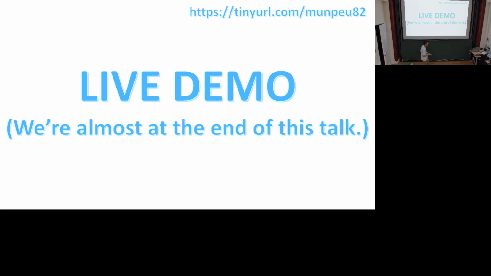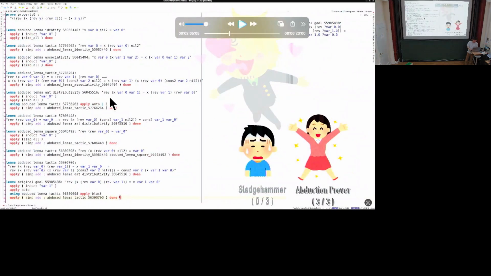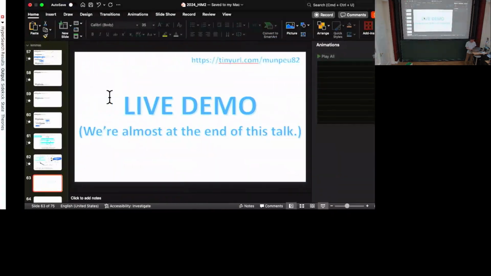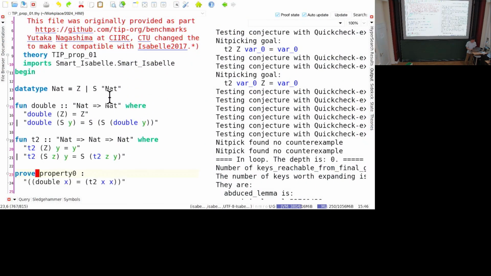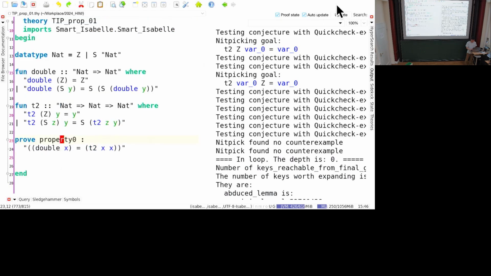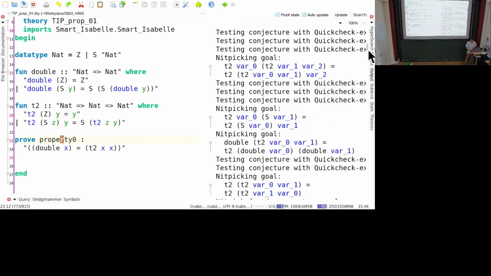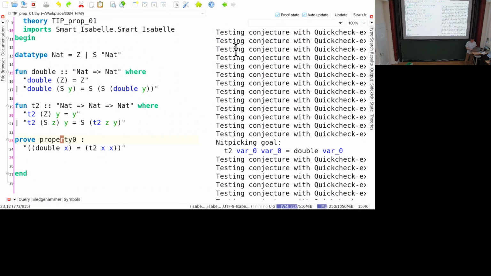And let's hope that my tool actually worked. Okay, so this is plot 1. We look at the output pane, and you see that it's testing conjectures.